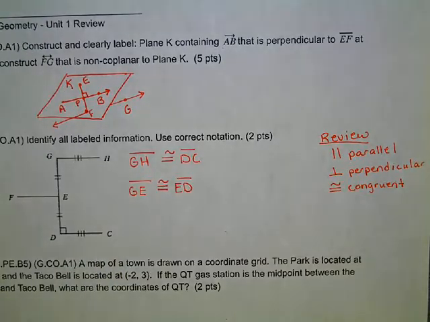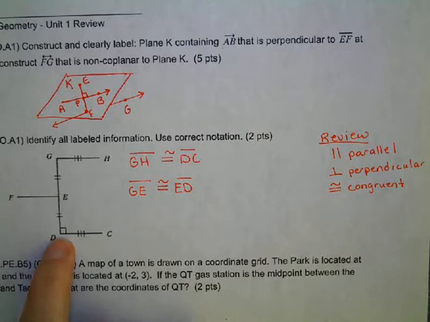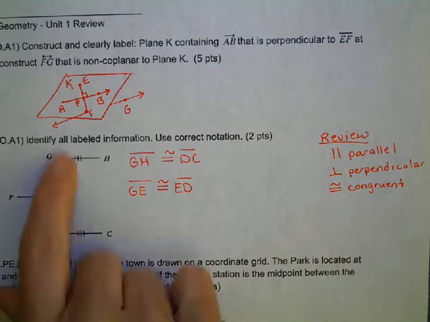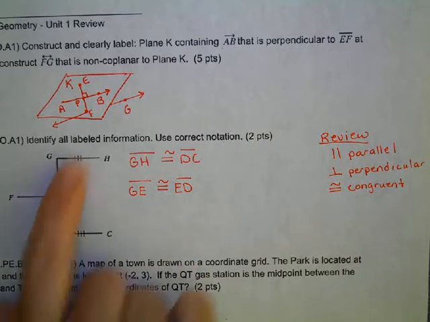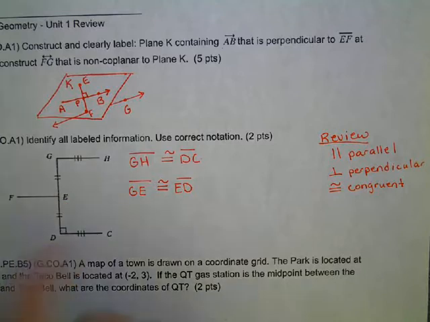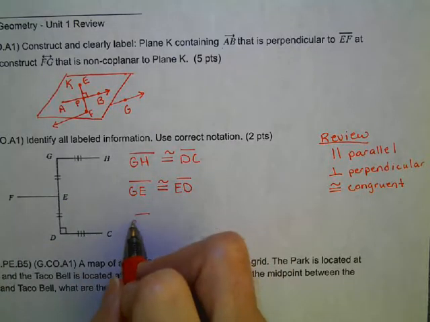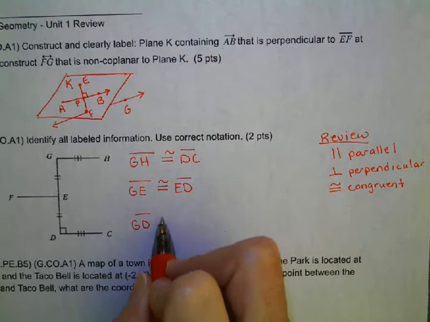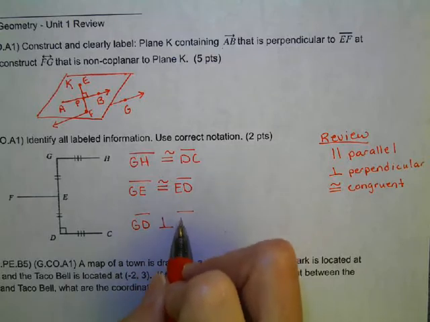And the last thing I see is this 90 degrees in the corner of the box means something's perpendicular. You can name this segment here as GD or ED, and I'm going to do the perpendicular symbol to DC.